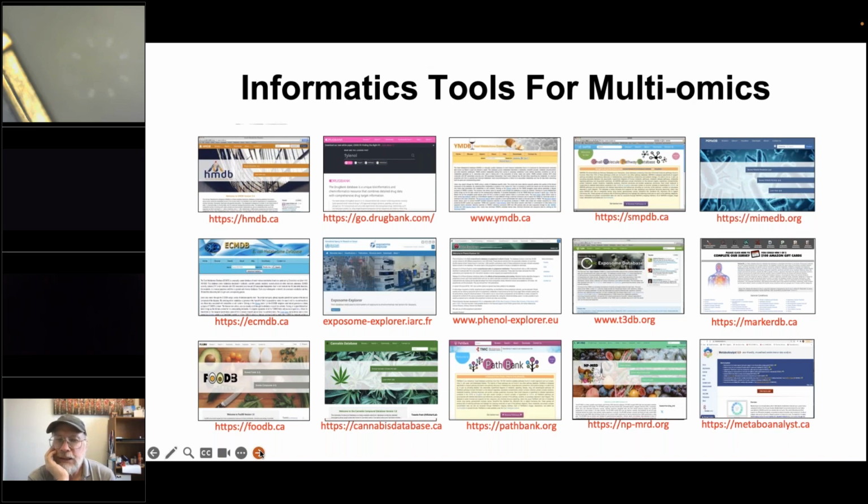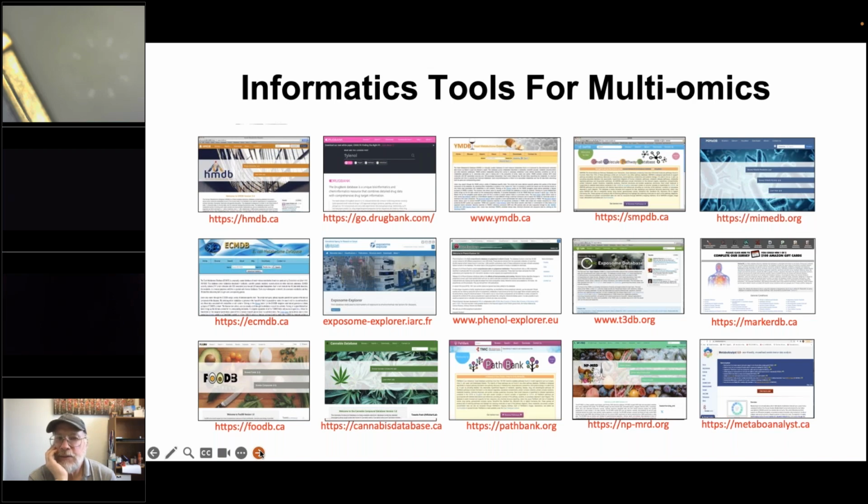Now, a lot of my research over the last 2 decades has been trying to create informatics tools to support multi-omics. Most of you are aware of some of the work we've done with the HMDB. That's the Human Metabolome Database, and the database certainly has the word metabolome or metabolomics in it. But in fact, it's a database that's evolved quite a bit since it first came out.